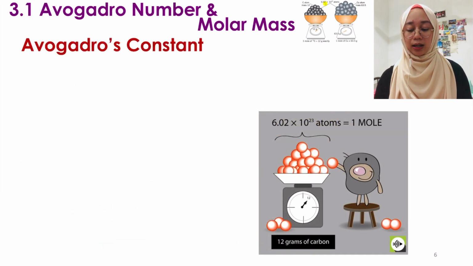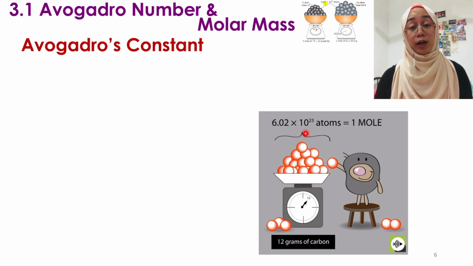Bila scientist pergi timbang 12 gram, kalau kamu nampak kat penimbang ni, dia ada 12 gram of carbon dekat sini. So the number of particles yang ada dalam ni untuk carbon adalah sebanyak 6.02 exponent 23 atoms, which is equivalent to 1 mole.